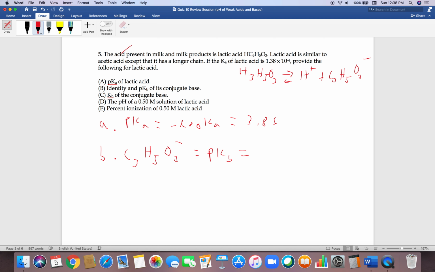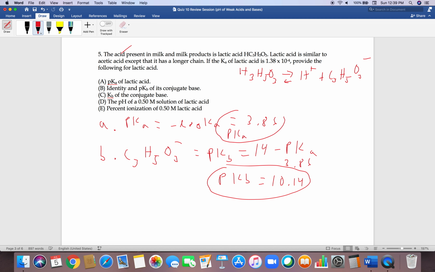I'm sorry, we just found that. We already found the pKa, and we know that the pKb would equal 14 minus the pKa. So 14 minus 3.86 would give us the pKb. So the pKb would equal 10.14. Just circle some of this here. This is the conjugate base.